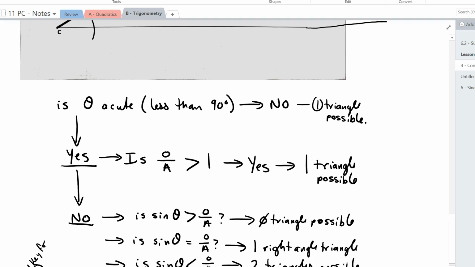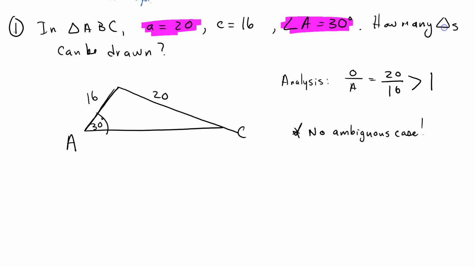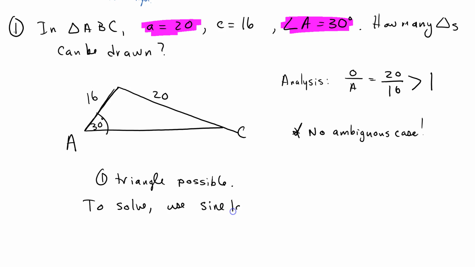So we can go back and just say simply one triangle possible. To solve, use sine law on one triangle.